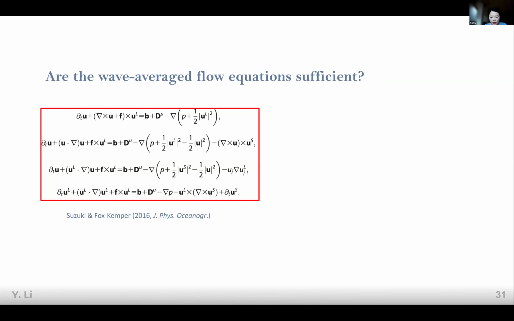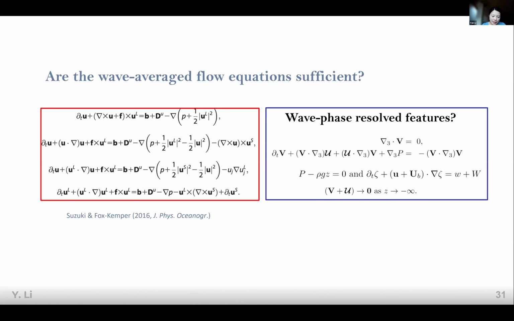So all the previous physics that I reported today are associated with one particular question: are the wave-averaged flow equations sufficient to predict wave-current interaction?